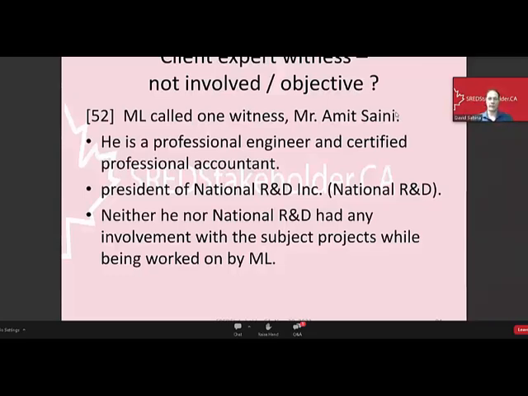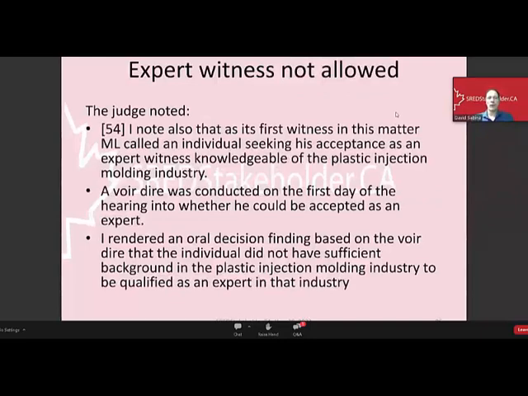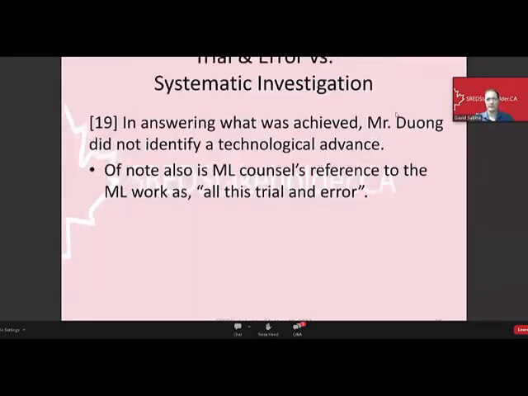And though the expert witness in this case was an engineer, his background was not in the field of science, and therefore the judge felt that wasn't relevant. Okay, so he didn't have relevant knowledge in the plastic injection molding industry, and as well there was probably an objectivity issue. So they did not value that particular expert witness.